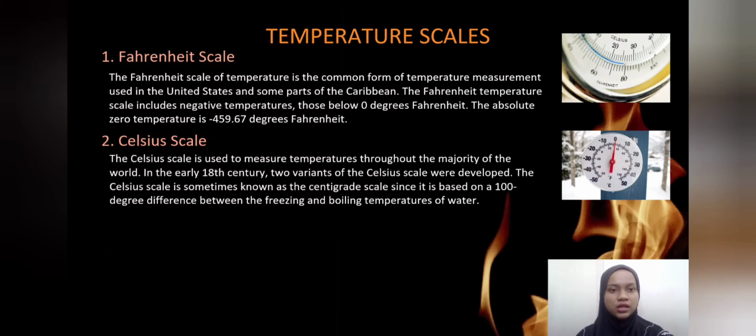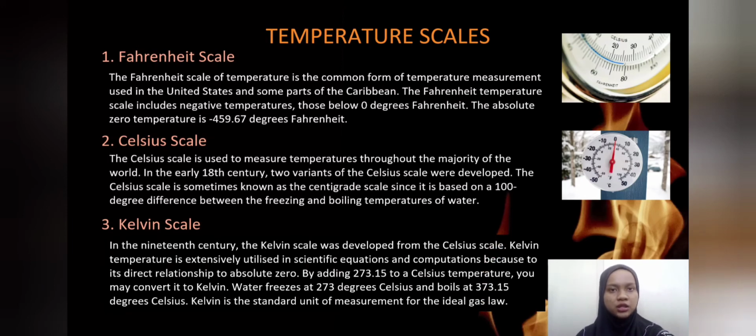Third is the Kelvin scale. In the 19th century, the Kelvin scale was developed from the Celsius scale. Kelvin temperature is extensively utilized in scientific equations and computation because of its direct relationship to absolute zero.